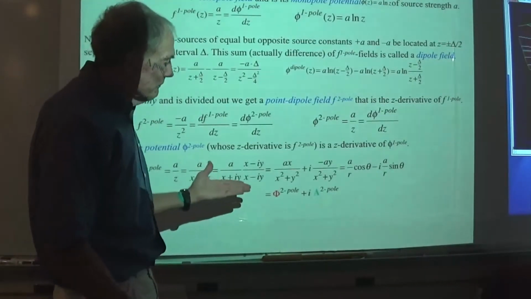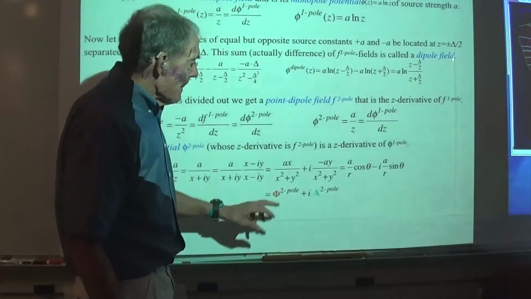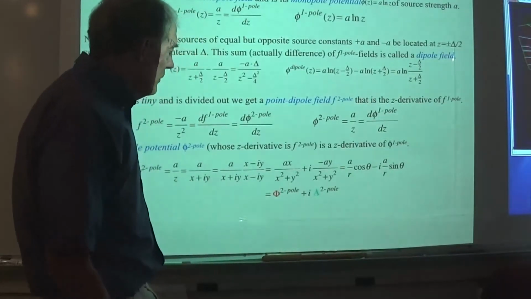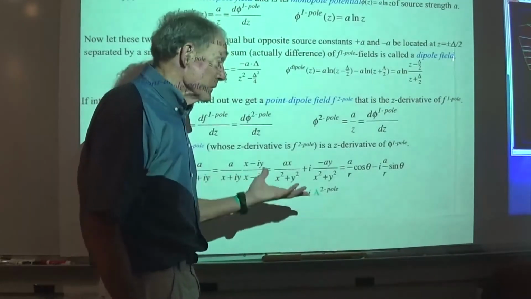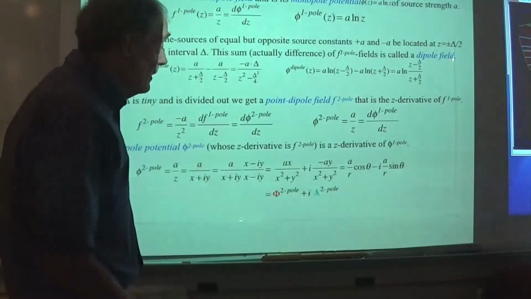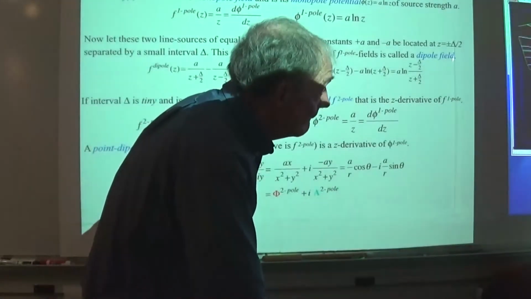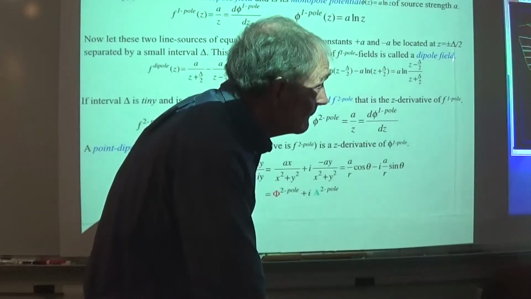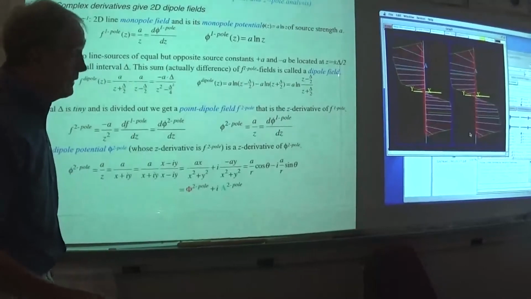But here it's just a very pretty picture that has as its real part that potential that we just looked at, and then as its imaginary part has something that's very similar but turned at 90 degrees to this one. Okay. And there's the geometry of it. There's the geometry of this thing.